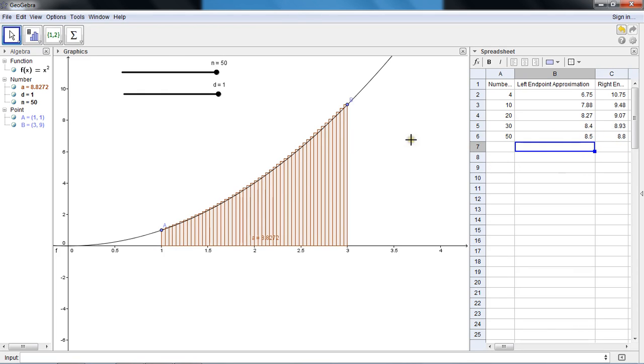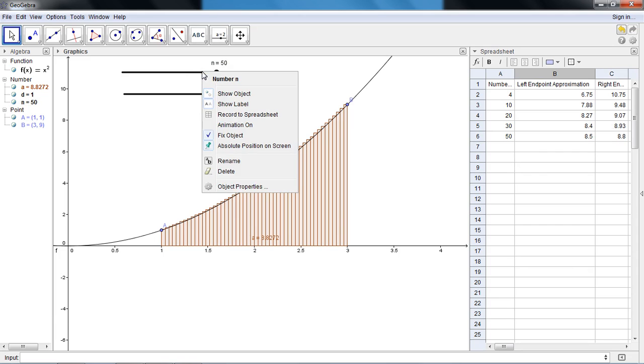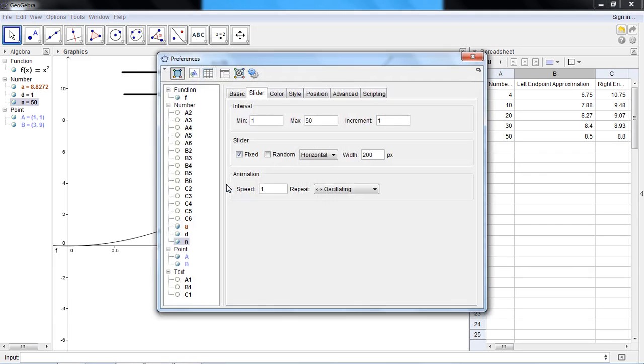This is still pretty inaccurate, and I could change the slider if I wanted, and I can do that by coming over to this window. I'm going to right click on the slider and go to the object properties. And let's say I want just a ton of rectangles. I don't know if this will short out, but I'm going to try for 1,000 rectangles on this slider. Let's see what happens.